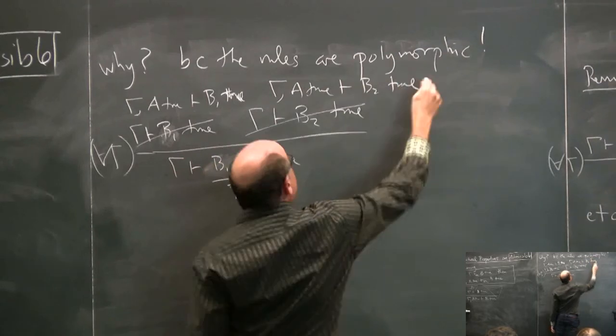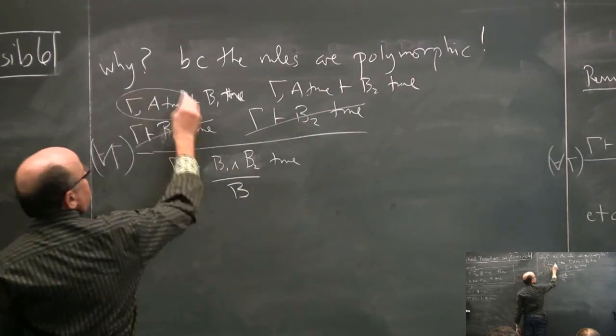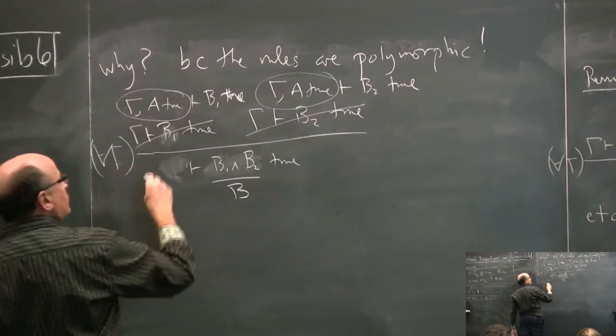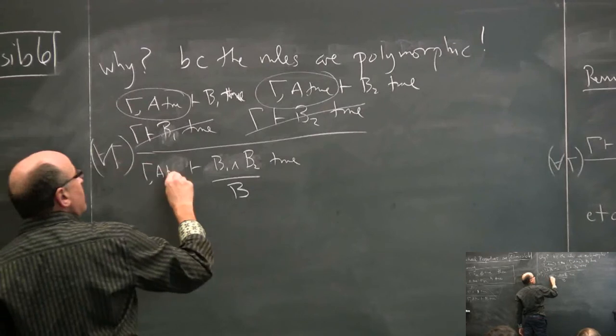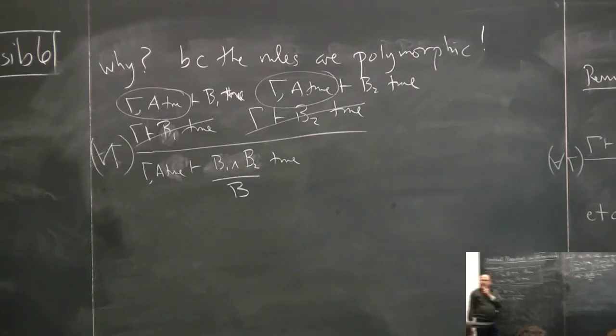Then, because the rule is polymorphic, just take the gamma to be this bigger gamma, and by applying this rule I will get gamma, A true gives me B true. You see what I mean? It's because the rule is polymorphic.